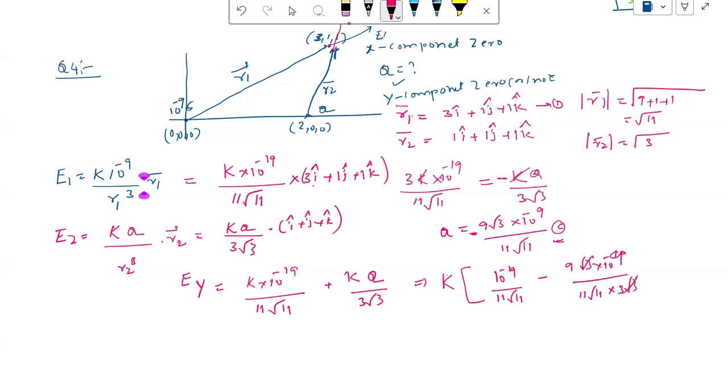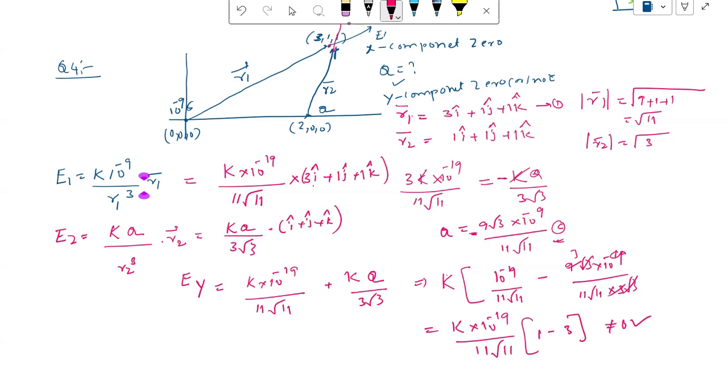So 3 gets cancelled, 3 will be there. Taking 10 power minus 9 also common, K into 10 power minus 9 by 11 root 11 into 1 minus 3 will be the answer, which is not equal to 0.